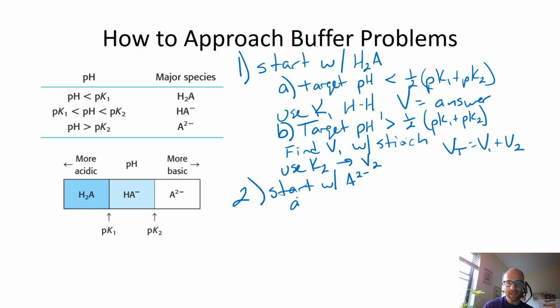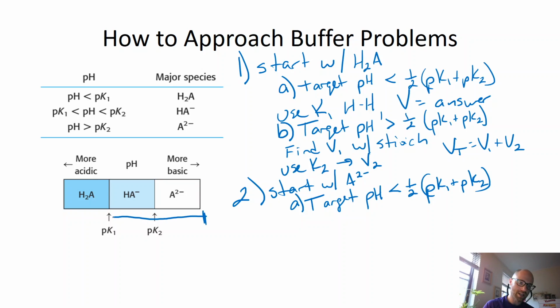If you start with the fully basic form and your target pH is still less than the average of your pKs, that would be akin over here to starting over here and moving to a pH that's around this area. So you can see that your mixture is going to be made up of HA minus and H2A minus.